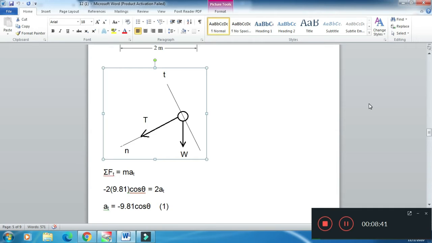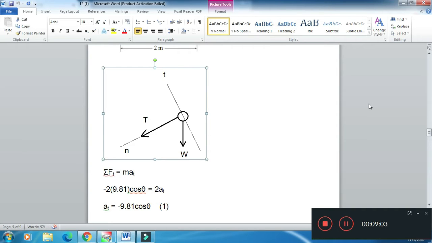So the angle between weight and tangent will also be theta. So the component of weight in the tangential direction is weight multiplied by cos theta. And since weight is opposite to the tangential direction, we have a negative sign.